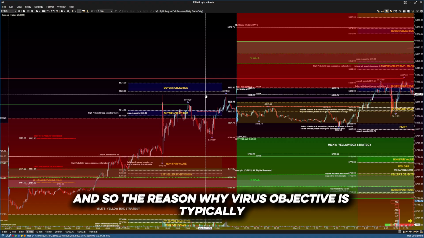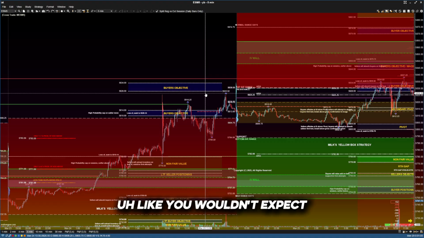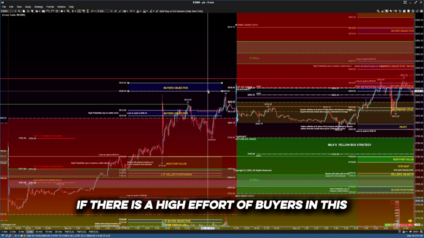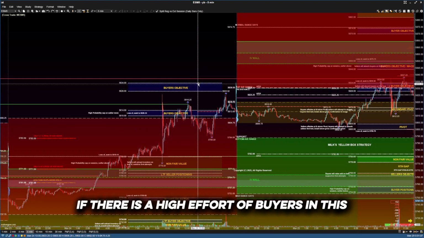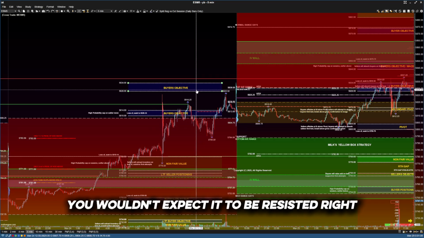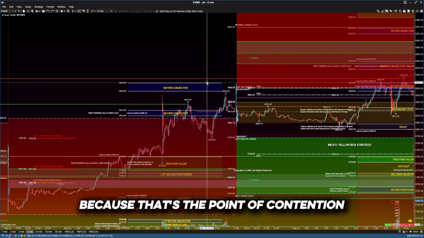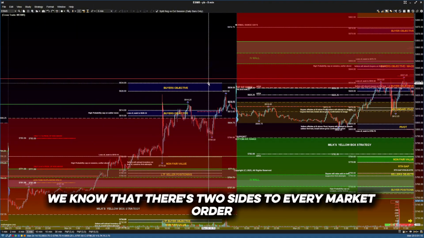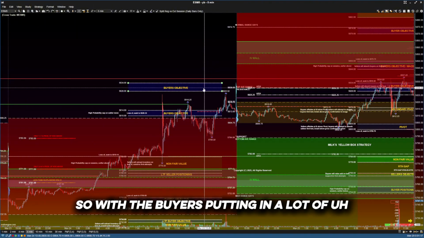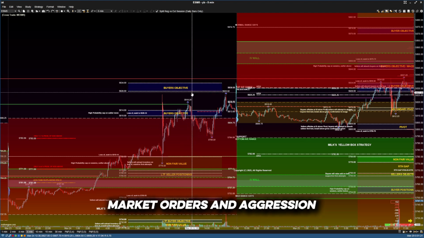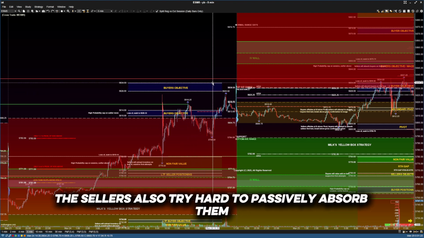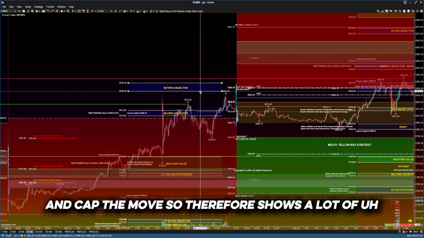And so the reason why buyer's objective is typically resistive is, if there's a high effort of buyers in this, you wouldn't expect it to be resistant, right? You'd expect them to just claim above. But the reason is that's a point of contention. We know that there's two sides to every market order. So with the buyers putting in a lot of market orders and aggression, the sellers also tried hard to passively absorb them and cap the move.